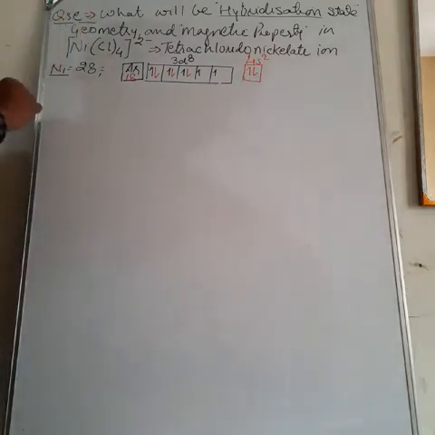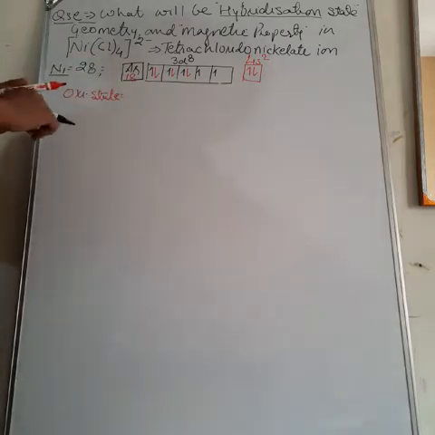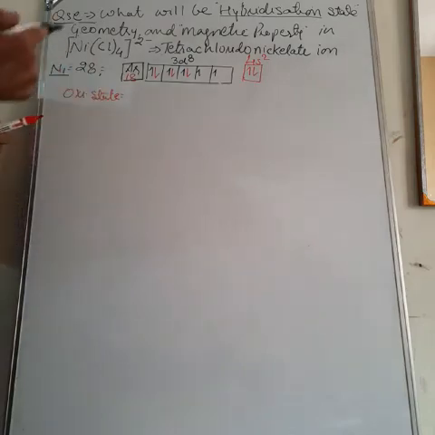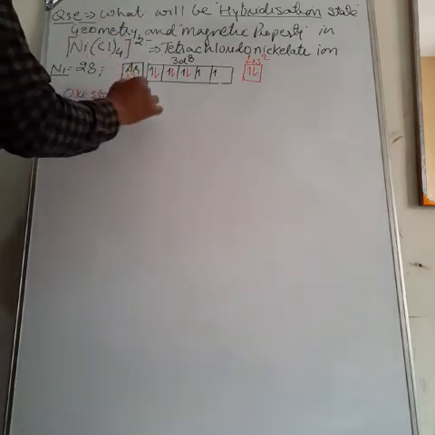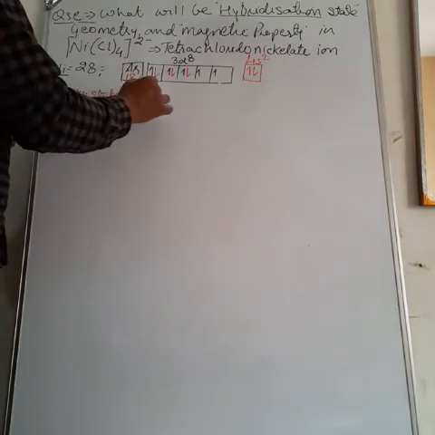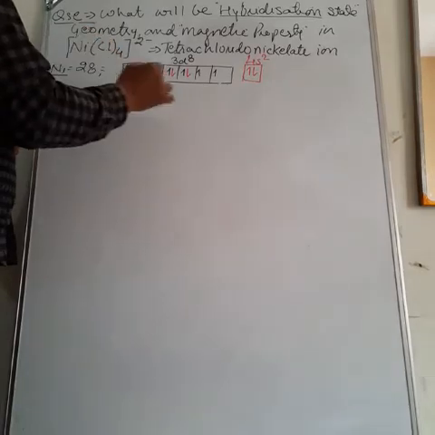Write its oxidation state. So how to find the oxidation state? It is very simple. You start writing the oxidation number of each known species in common state. So you can write Ni as X plus. Now the ligands are 4 and they are Cl.